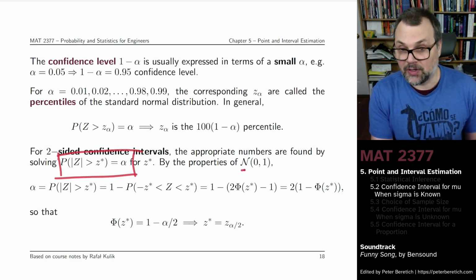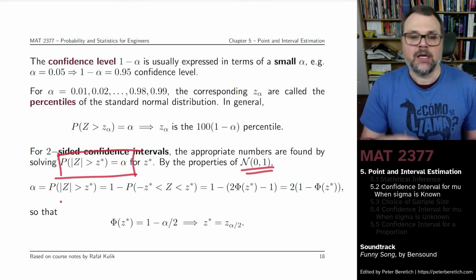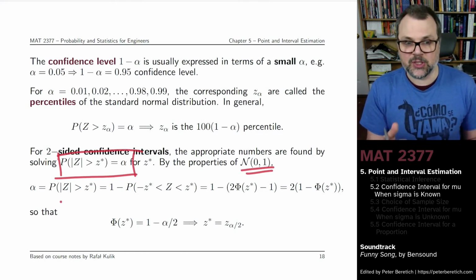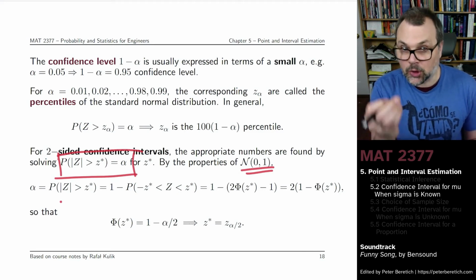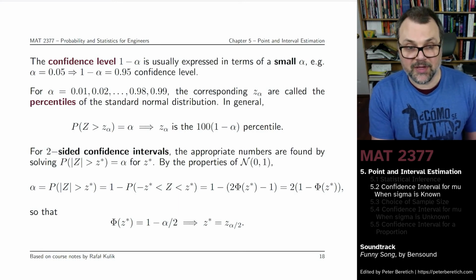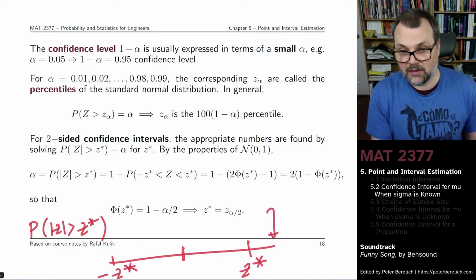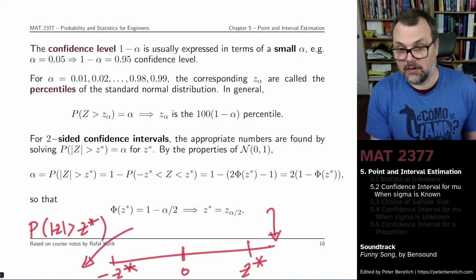The standard normal has properties so that if you want alpha to be equal to the probability that the absolute value of Z is greater than Z star, the critical point of interest, right, if this is your Z star, and minus Z star, if Z is here, or potentially here, then Z is greater than Z star, so the absolute value of Z will be greater than Z star.